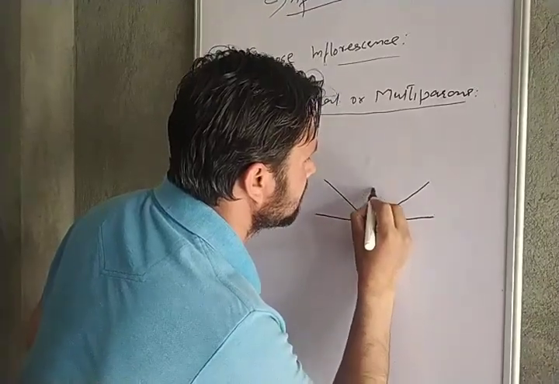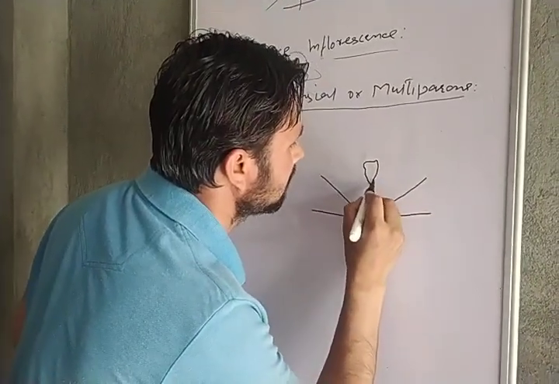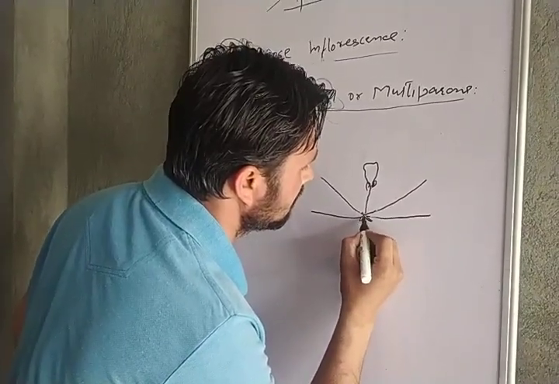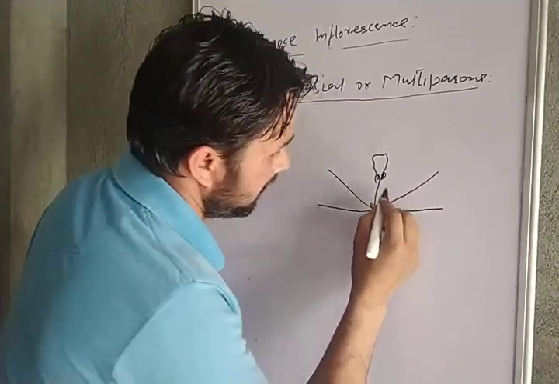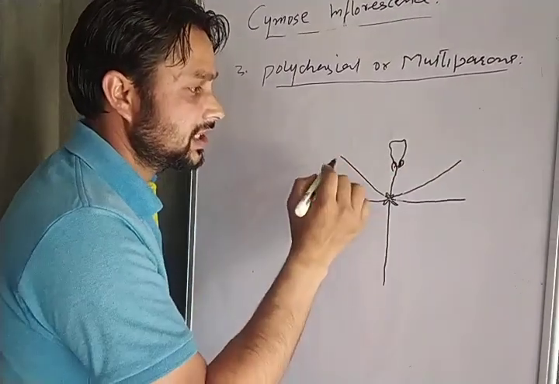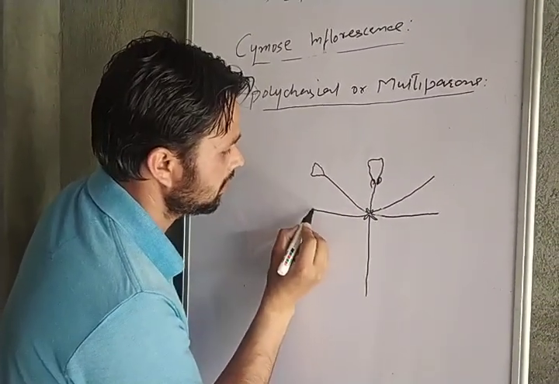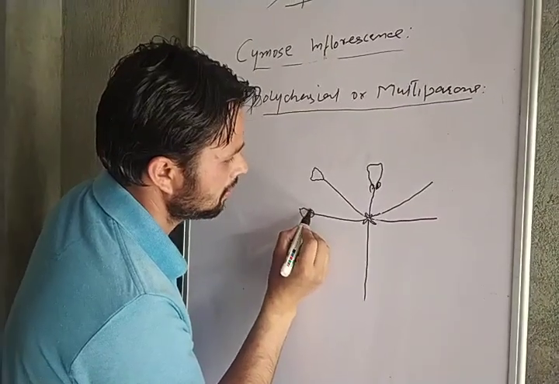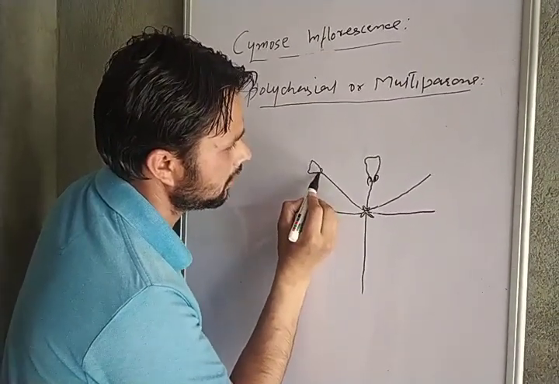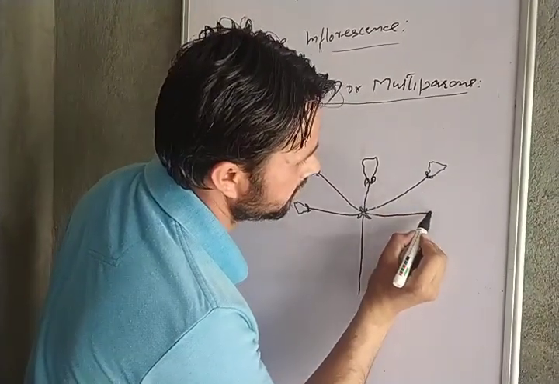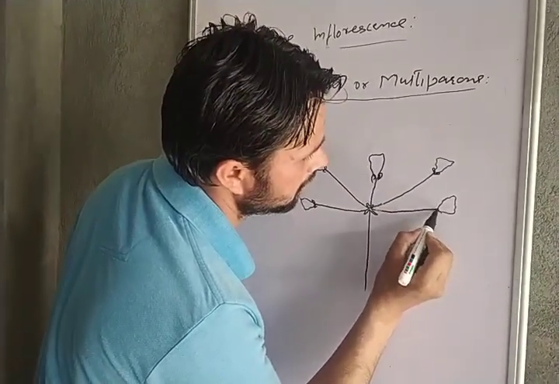If this gets terminated into a flower, it gives rise to, these are leaves, it gives rise to branches, and these again terminate into flowers. You see here, these again get terminated into flowers, because this is a definite type of inflorescence.